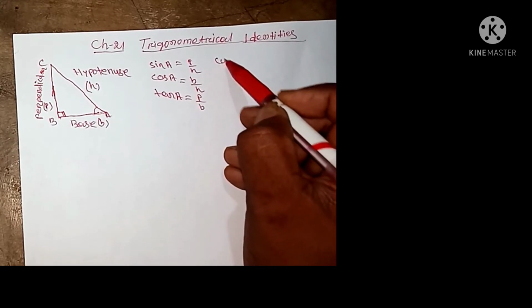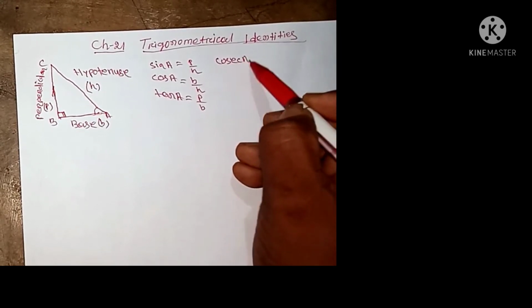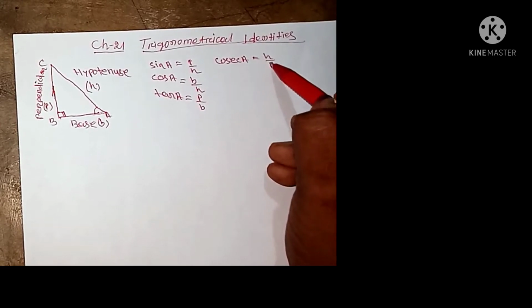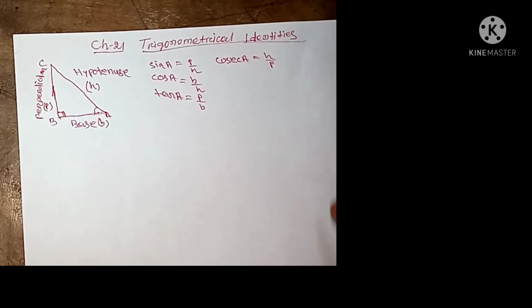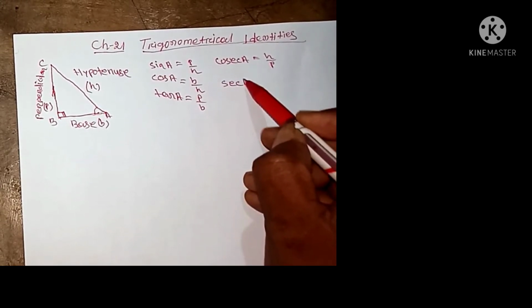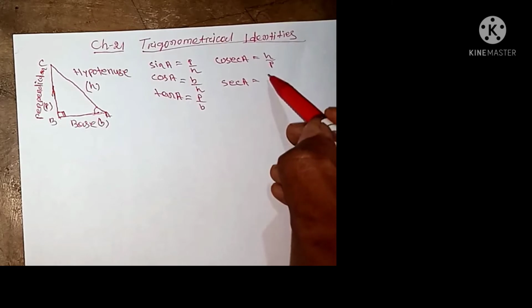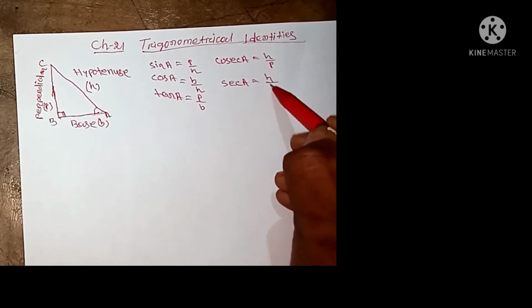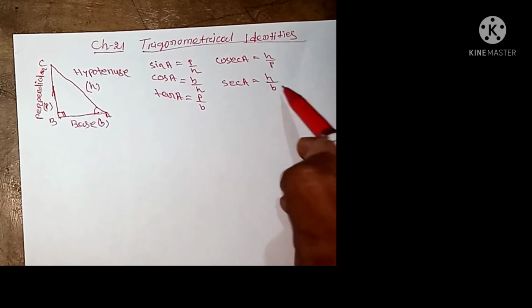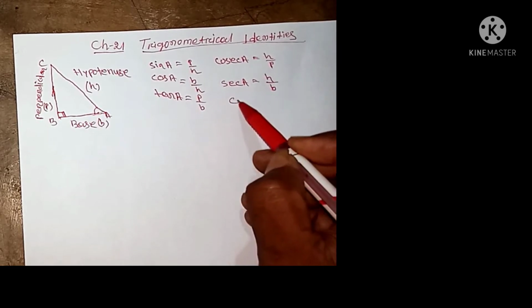and cosec A is equal to H by P, hypotenuse by perpendicular. Sec A is equal to H by B, hypotenuse by base.